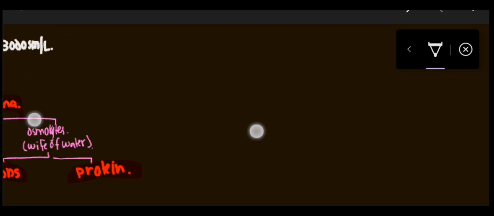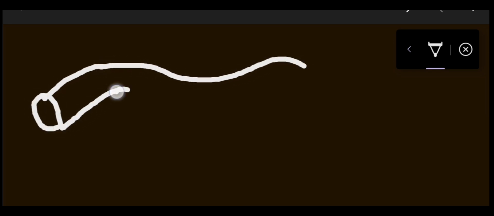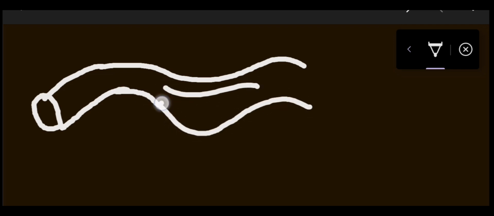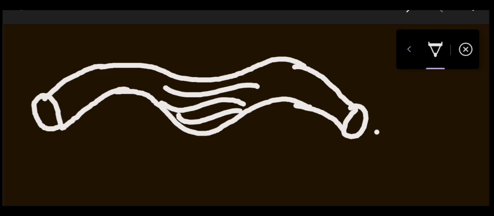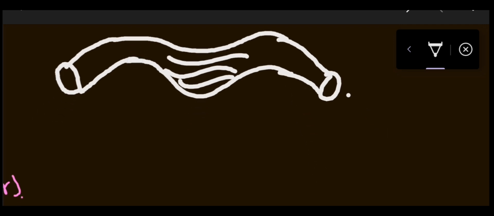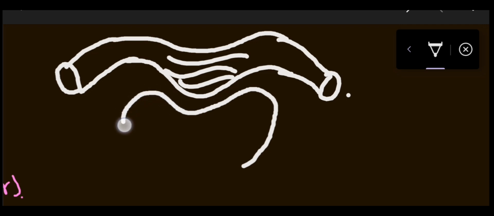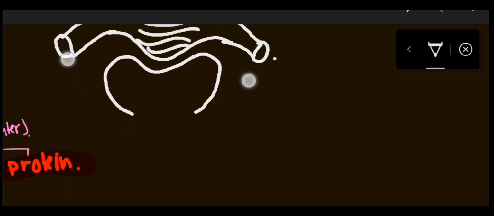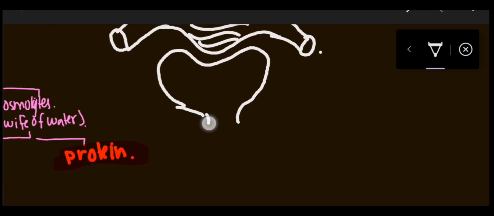So if I can draw the diagram here, this is the artery, and this is the afferent arteriole. Through this afferent arteriole, here we have the glomerulus. These are the capillary glomerulus, and this is the efferent arteriole. After this glomerulus, as we know, the Bowman's capsule starts, and through this Bowman's capsule the PCT starts.